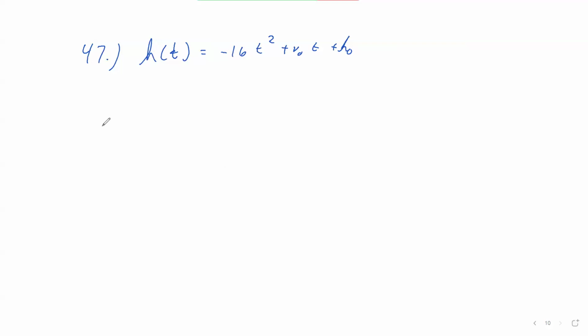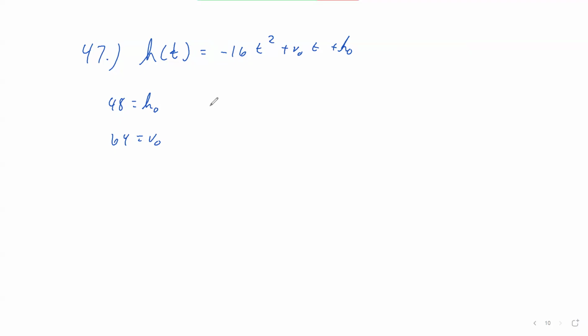So number 47 says Sue sits in a tree 48 feet above the ground level. So that's going to be your initial height. Sue shoots a pebble straight up with a velocity of 64, so 64 would be my initial velocity. What is the maximum height obtained?